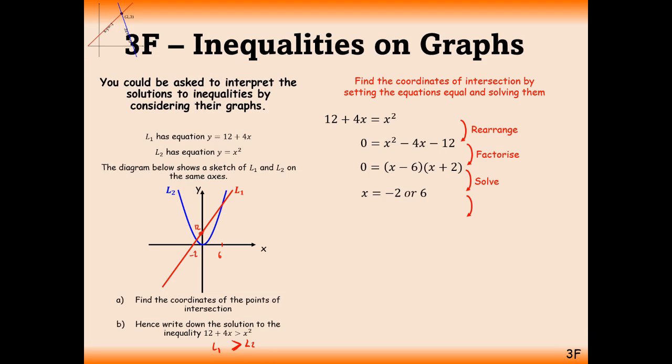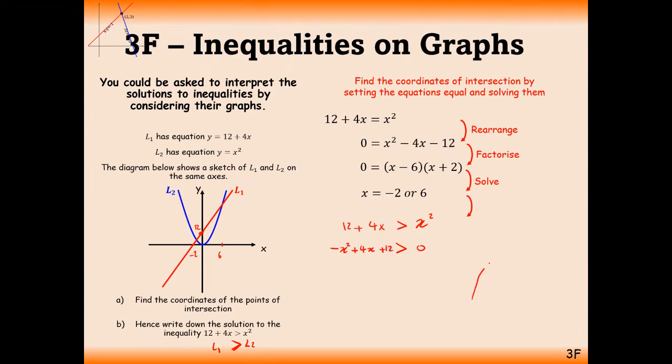Now that we know the x coordinates, you could rewrite this inequality as x squared less than 4x plus 12. I can subtract x squared on both sides, so it would be minus x squared plus 4x plus 12 is bigger than 0.